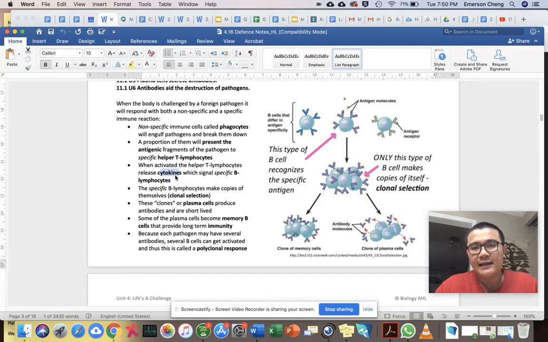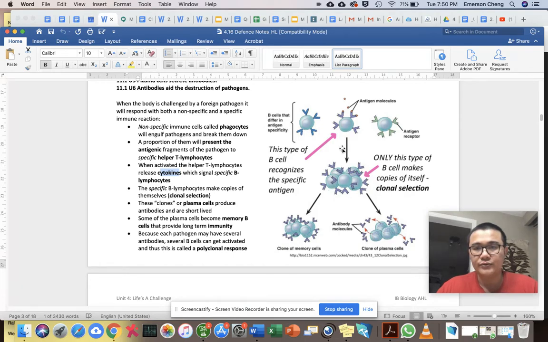Cytokines are a type of chemical signal. There are many of them, so when we say cytokines, that's a broad general term. The helper T cells will release cytokines which signal specific B lymphocytes, and the specific B lymphocytes may copy themselves.